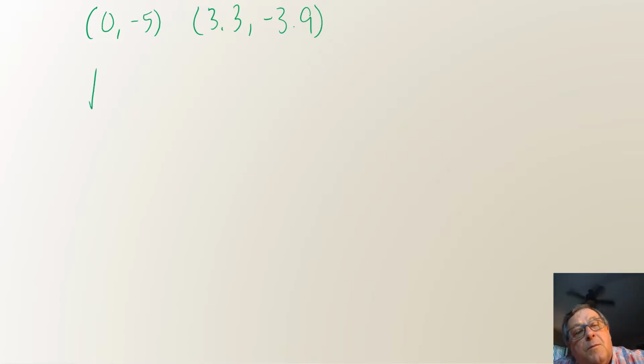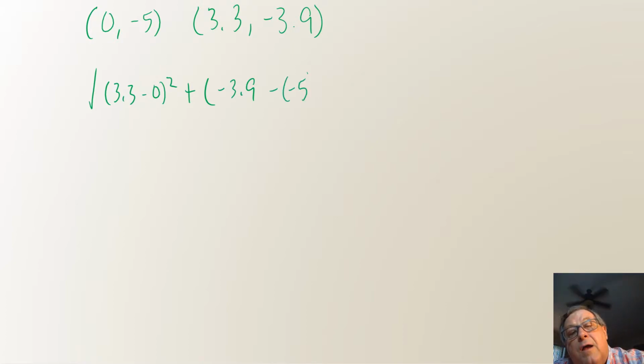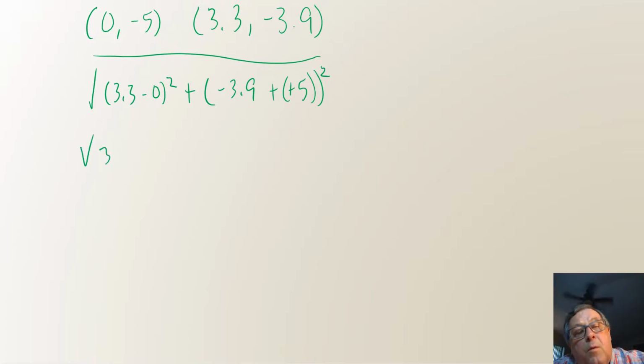So we got our square root symbol, and x2 is 3.3 minus 0 squared plus y2, negative 3.9, minus negative 5, squared. We got the square root of that. Of course, this is going to become positive. So now we got 3.3 squared plus, let's see, positive 5 minus 3.9 is 1.1 squared.